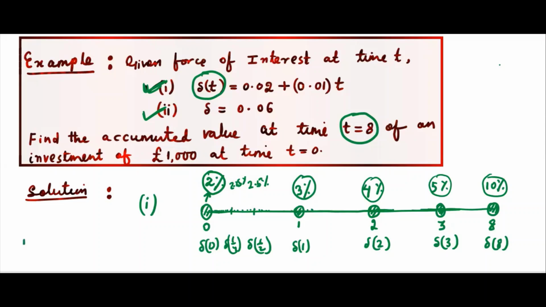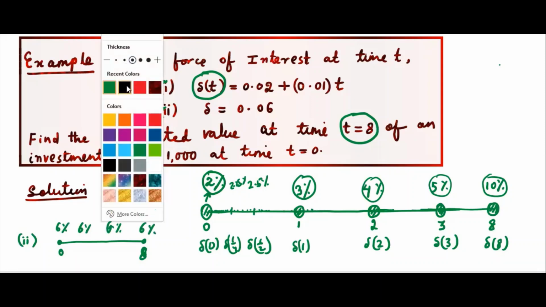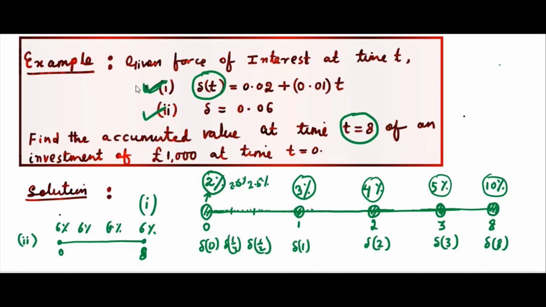However, if you see part 2, this is constant, 6%. Where you get more? Here 6%, here 6%, 8 years. Here 6%, here 6%. If you compare time 0, this is better, 6% is better than 2%.